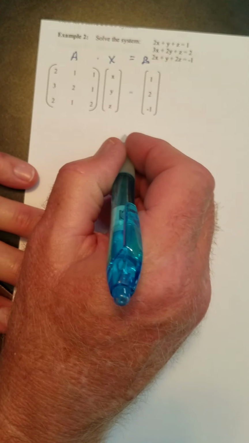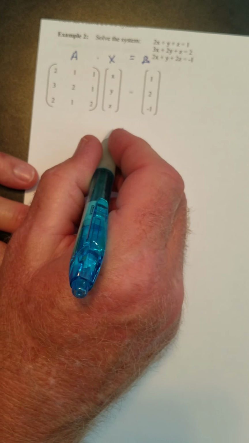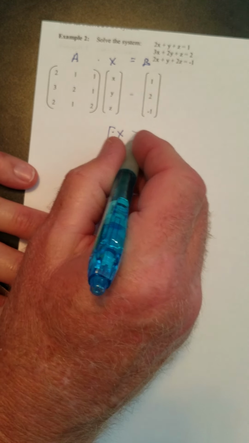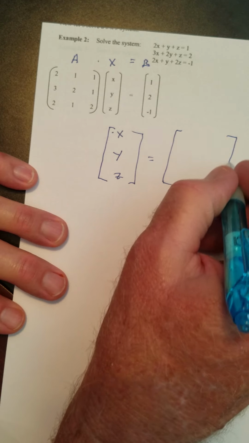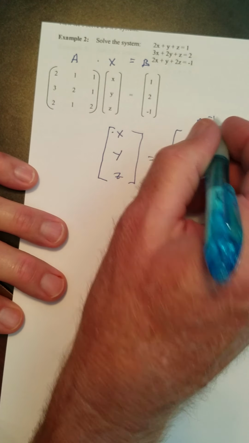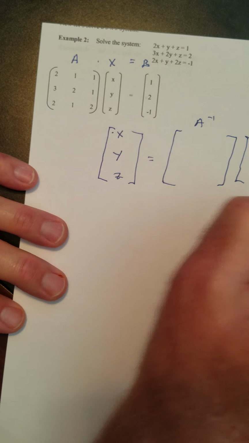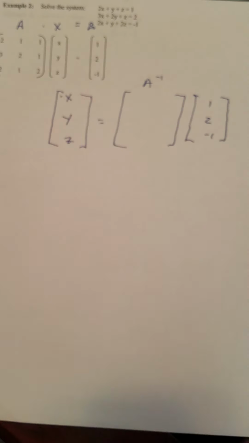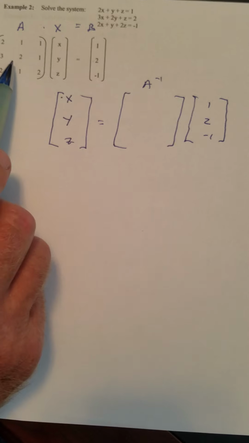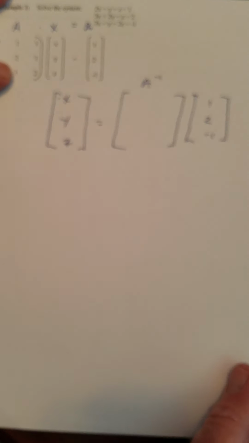So to solve this, I want to find X, Y, Z. And to do that, all I have to do is figure out what the inverse is, and then multiply by these numbers, 1, 2, negative 1. That's exactly the same thing I did last section. The difference is now I got a 3 by 3. So we need to find that. Now normally I would say, okay, fine. Go off to the side and find it.